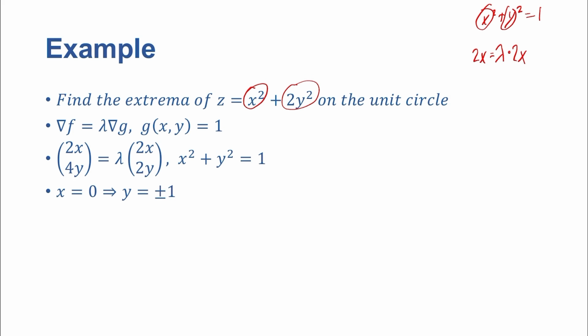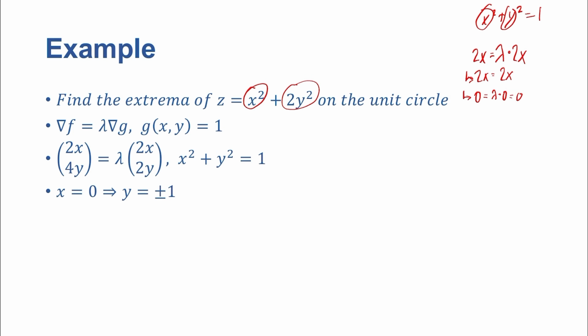This either means that lambda is equal to 1, in that case 2x equals 2x, or I have the case where x equals 0, and in that case I have 0 equals lambda times 0, which is equal to 0. Those are the two values that would make that equation make sense.